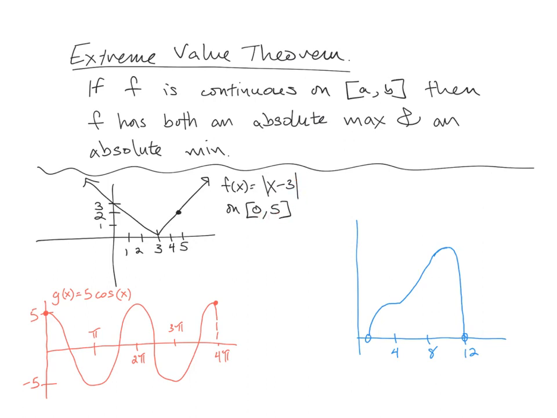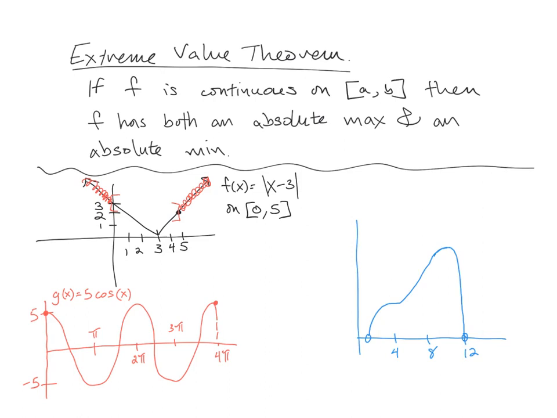So in pictures, what this means is that I get to forget about this part of the graph and this part of the graph. And for the extreme value theorem to work, we just have to check, is this graph continuous on this now shortened interval from here to here? And the answer is yes. So we can use the extreme value theorem, and we are guaranteed to find a max and a min, an absolute max and an absolute min.